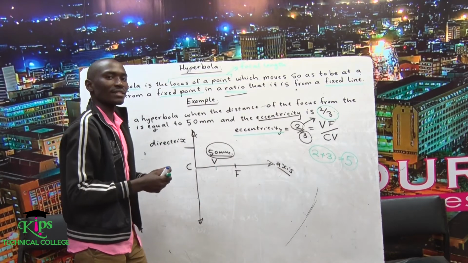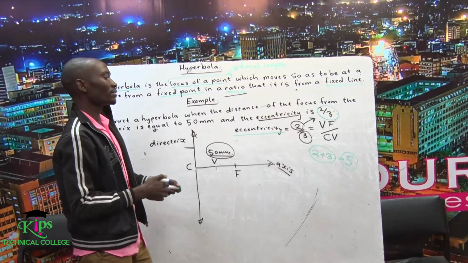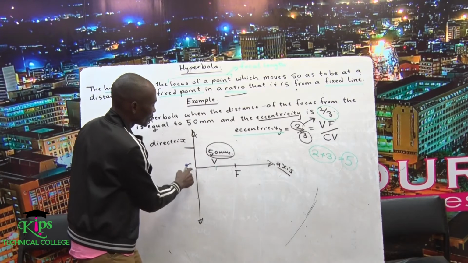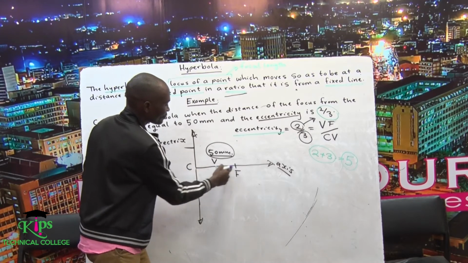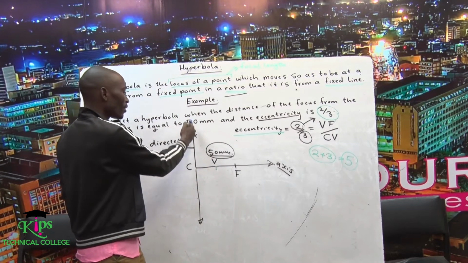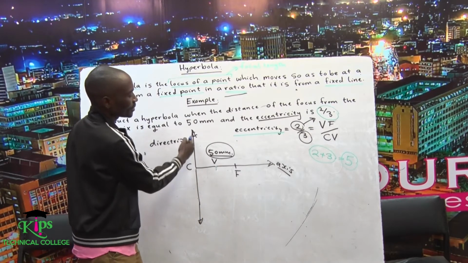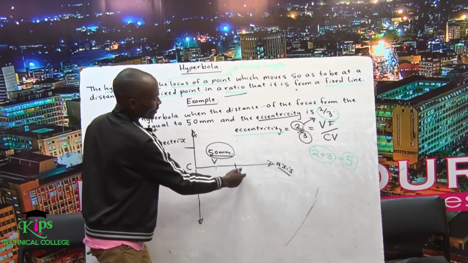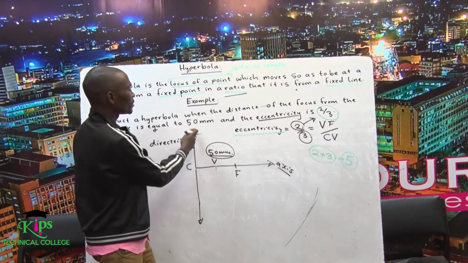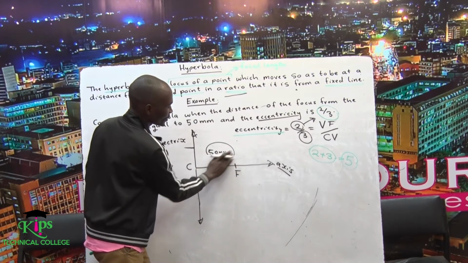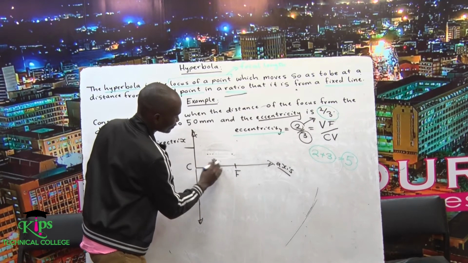So what does that tell you? It tells you that you need to subdivide this line, which is line CF, the distance in between the directrix and the focal length, which we said is 50. This distance is 50.